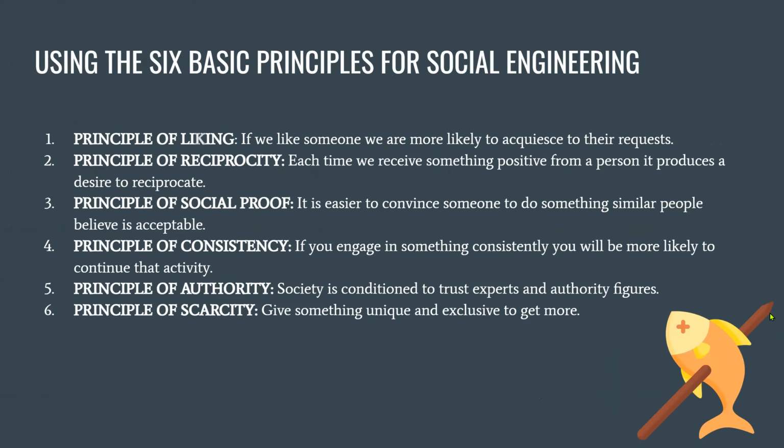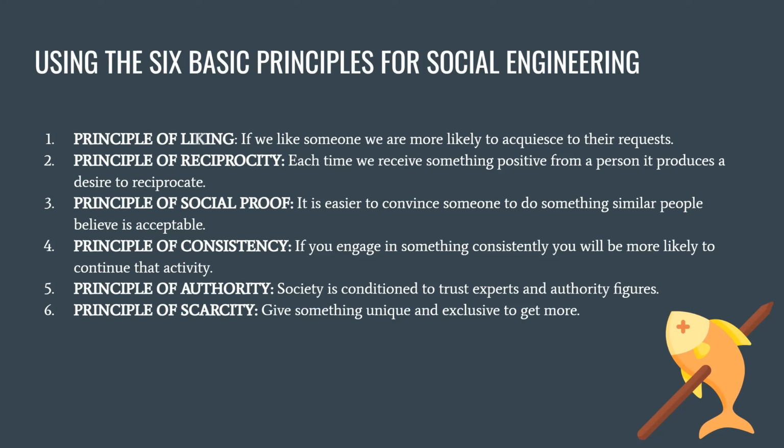If we like someone, we're more likely to acquiesce to their requests. For reciprocity, each time we receive something positive from a person, it produces a desire to reciprocate. Social proof: it's easier to convince someone to do something if similar people are doing it. So if you say, hey, Cindy, Judy, and Bob, who are all in your social circle, are doing this, then you are more likely to convince the person to do that.